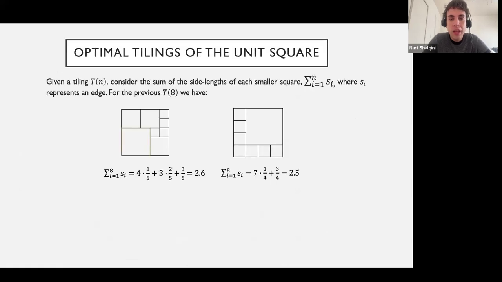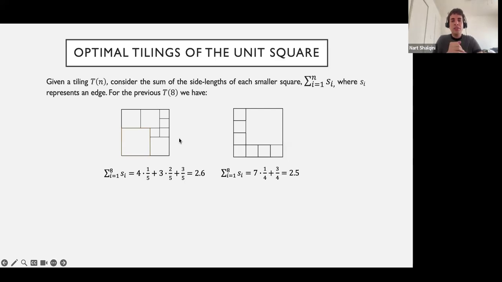The quantity that we are interested in here is the sum of the side lengths of each smaller square. Given a tiling T of n, I take the side length of each square and sum them up. So the sum goes from 1 to n of S_i, where S_i represents an edge.